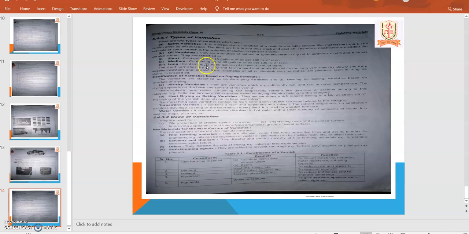Then oil varnishes are solutions of natural and synthetic resins in a drying oil. In addition, dryers or thinners are also added. They are classified as short, medium, and long.